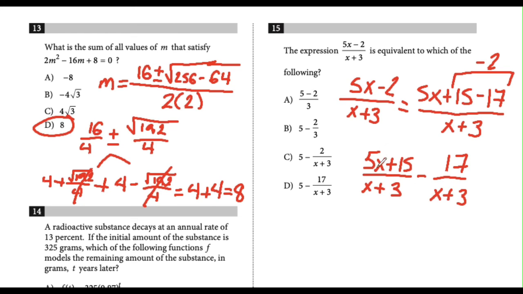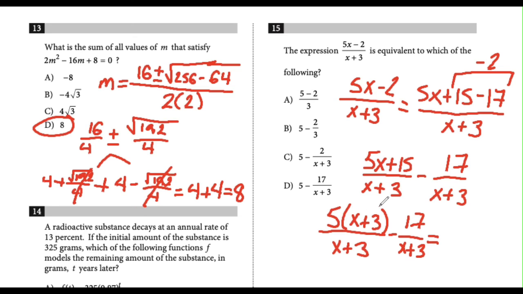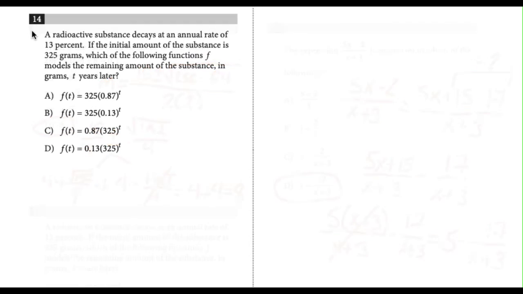If we factor out a 5 in the first equation, we're going to get 5 times x plus 3 over x plus 3 minus 17 over x plus 3. And for the fraction on the left, x plus 3 on top and x plus 3 on the bottom can cancel. Finally, we're going to be left with 5 minus 17 over x plus 3, which is going to be answer choice D.